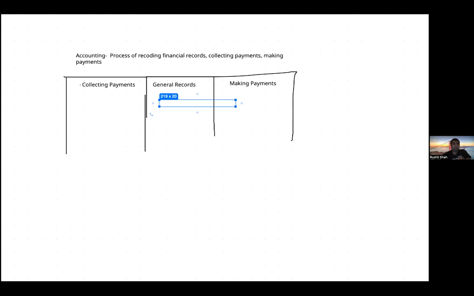That includes preparing financial statements such as profit and loss statements and balance sheets. A balance sheet is basically what you have and what it's worth.